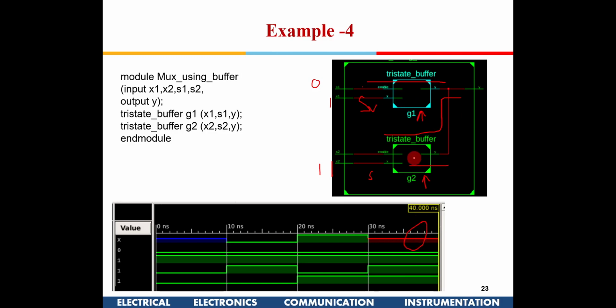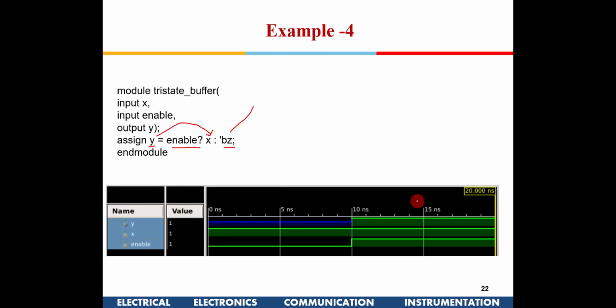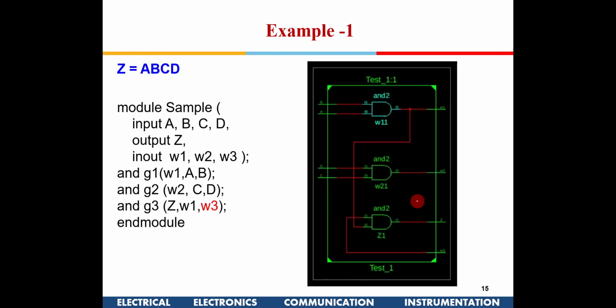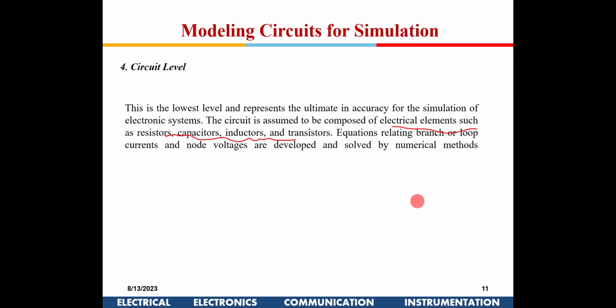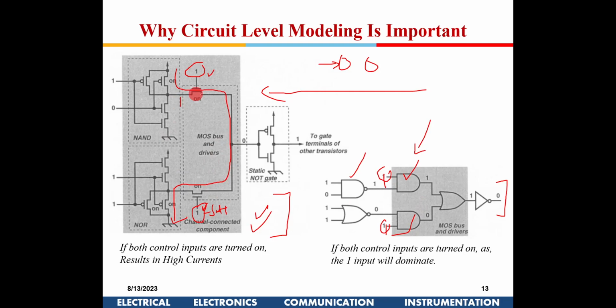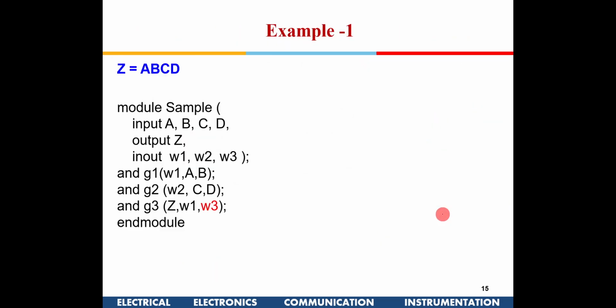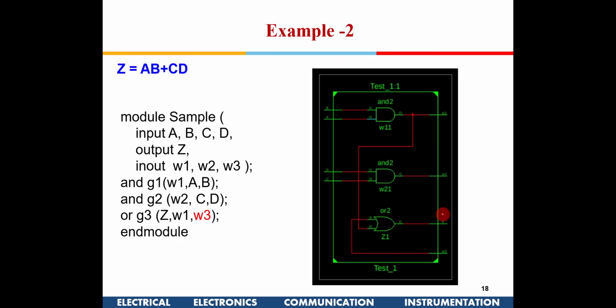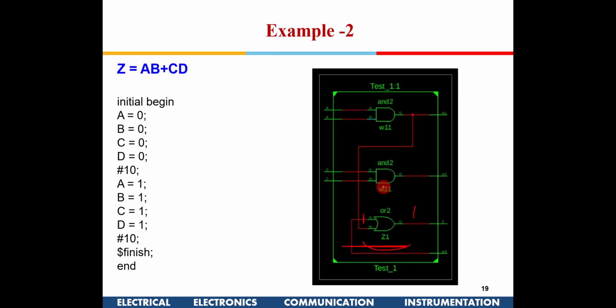Now this is possible. Why has this been possible? Because you have designed this mux in this manner. But if the same mux gets designed in a different manner, then that fault cannot be detected.